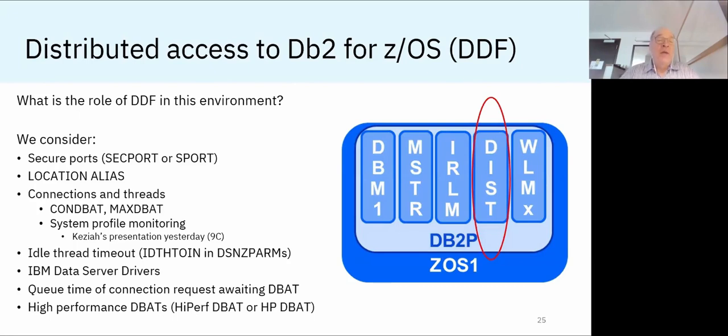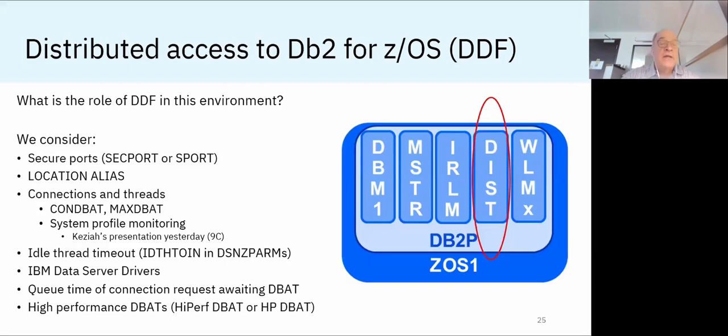And the things that we look at and think about and talk to our clients about would be, are they using secure ports, right? How are they meeting their security and encryption requirements? We look at whether they're using locations or location aliases, and are they taking advantage of the flexibility that provides them?